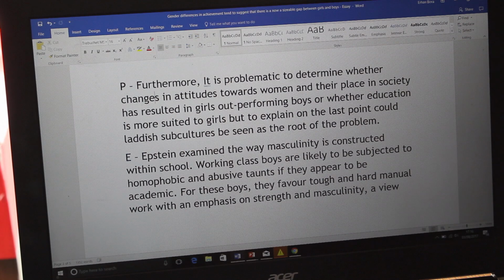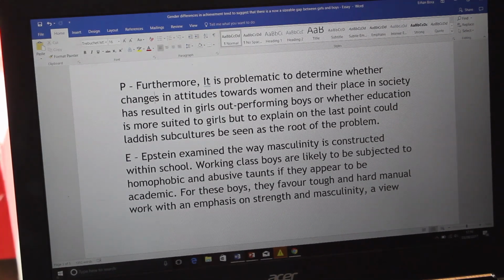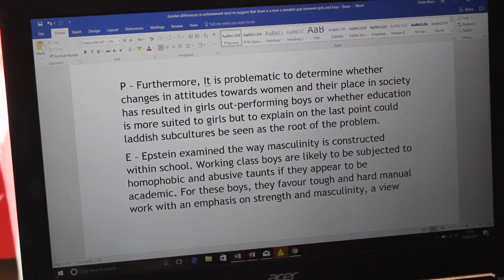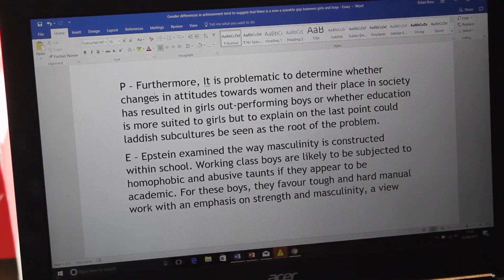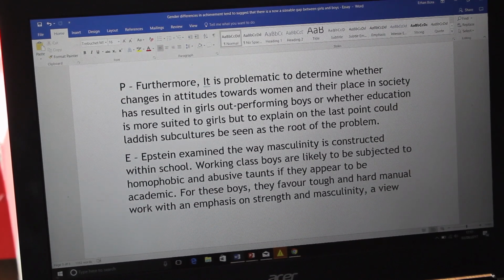What I'm saying here is that it's hard to ascertain whether it's concepts or issues outside of school that are affecting the girls' achievement or boys' underachievement, or whether it's what's happening within the schools. But maybe the subcultures that boys possess could be the root of the problem? So again, this is the third dimension to this argument.